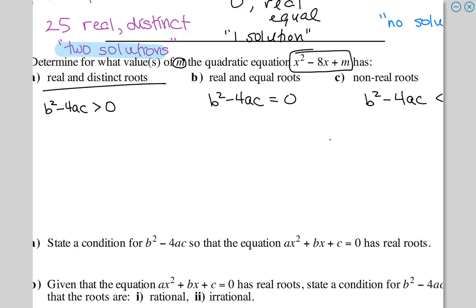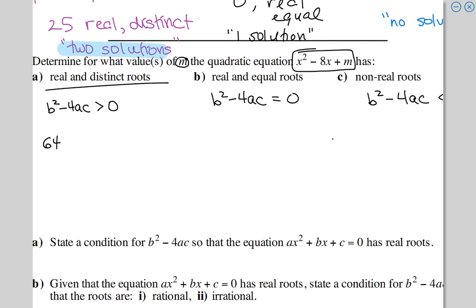Okay, so what's b squared? 64. Okay, minus 4, what's a? 1, and then c is m. So all that has to be bigger than 0. So 64 minus 4m has to be bigger than 0. Do you remember solving these about a month ago?